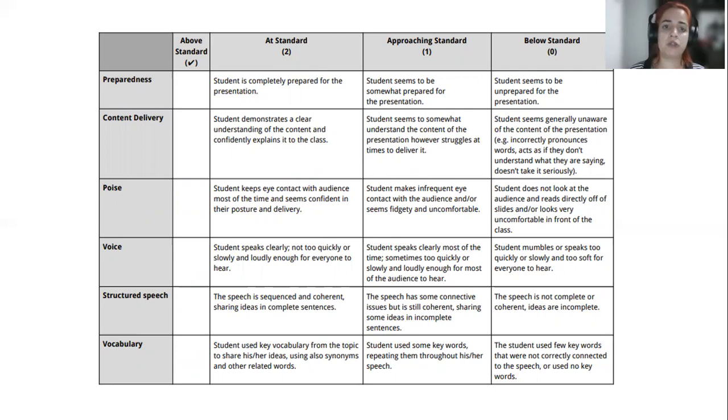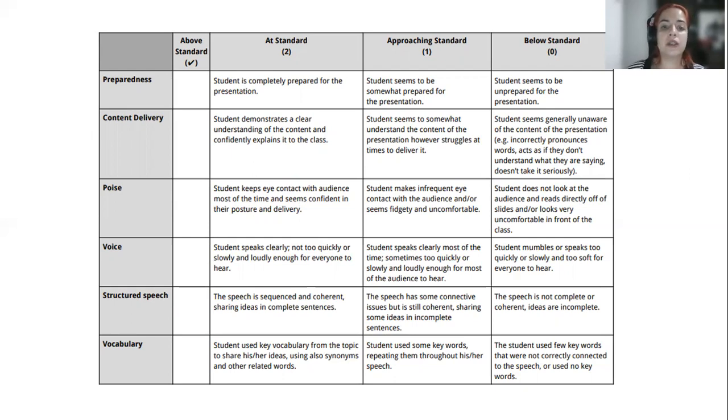Content delivery, that means the student demonstrates a clear understanding of the content and confidently explains it to the class. So again, this seems kind of general, but we can adjust it for our own purposes. We could say that the content was delivered in a way that the audience understood the main idea of the presentation, but the idea is to have content delivery.